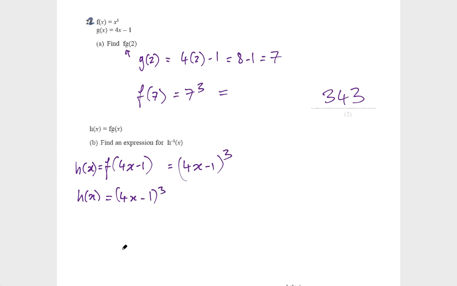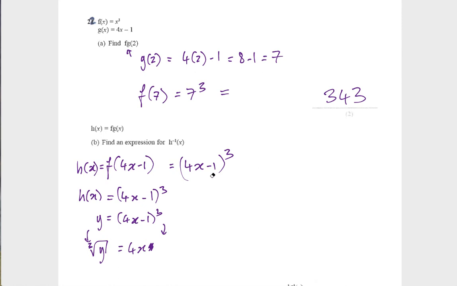If h of x is 4x minus 1 cubed, I need to find the inverse function of this. So what I can do is say that y equals 4x minus 1 cubed, and start trying to make x the subject of this formula. So cube root both sides. Cube root of y is 4x minus 1. So cube root of y plus 1 is 4x, and divide my answer by 4.